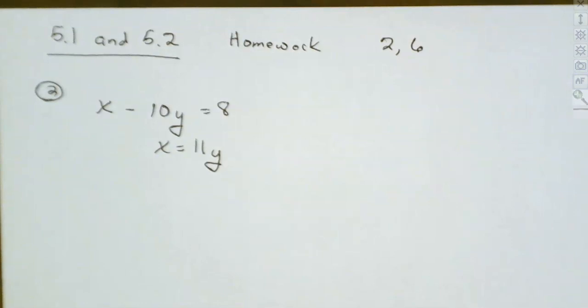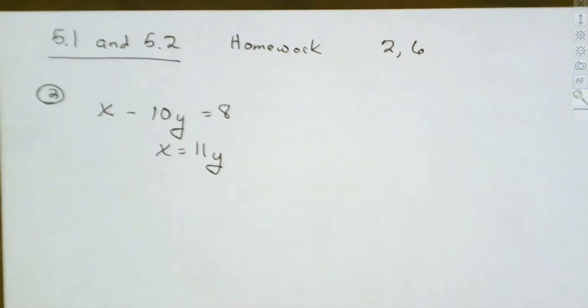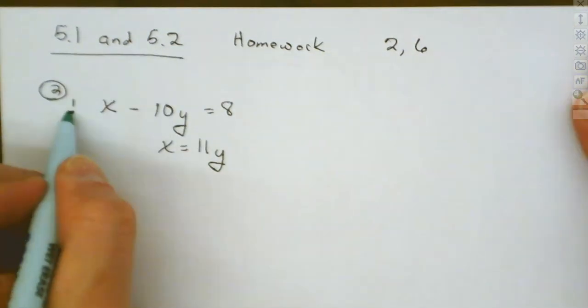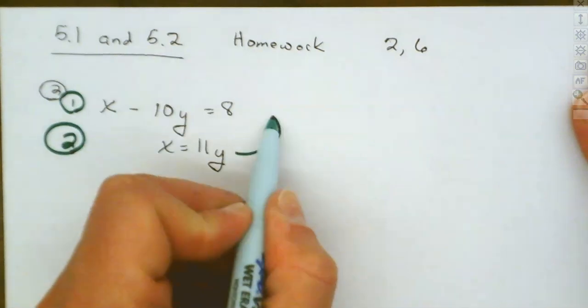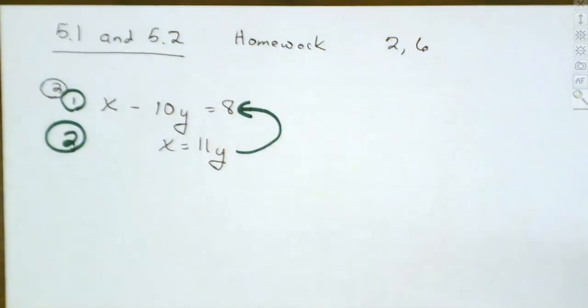Now, why is substitution going to be better in this case than elimination? Well, elimination, you need to have the x's and the y's lined up. In this case, we don't. It's been solved for the x. So substitution is going to be the easier way to work these out. So we're going to plug this back in here.